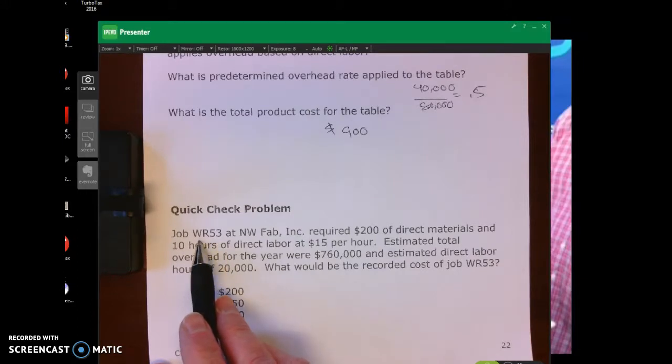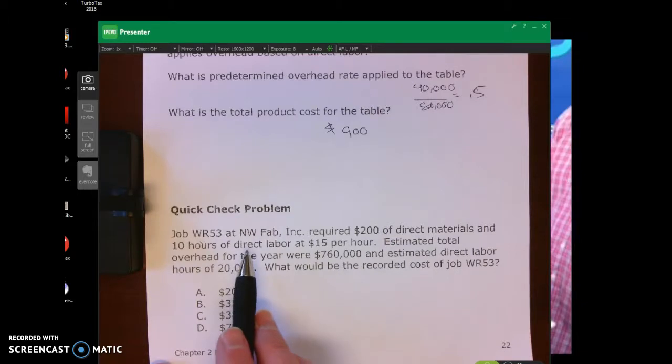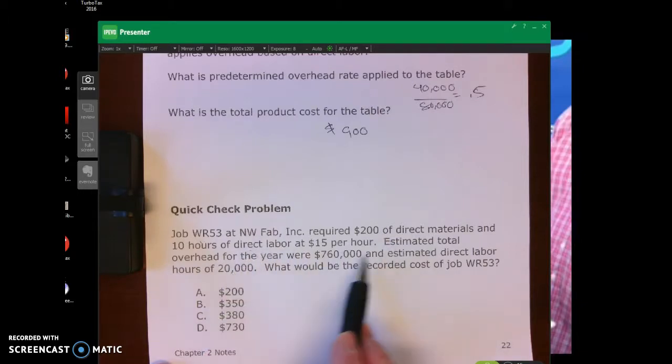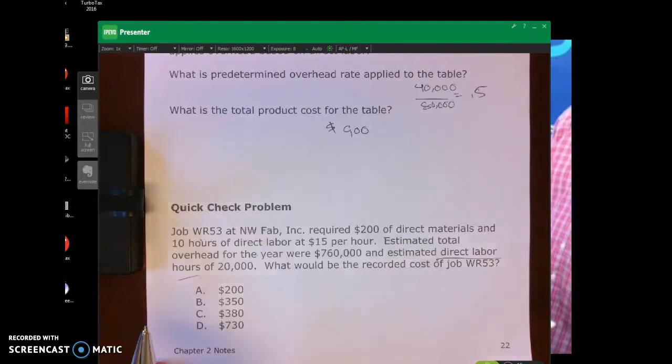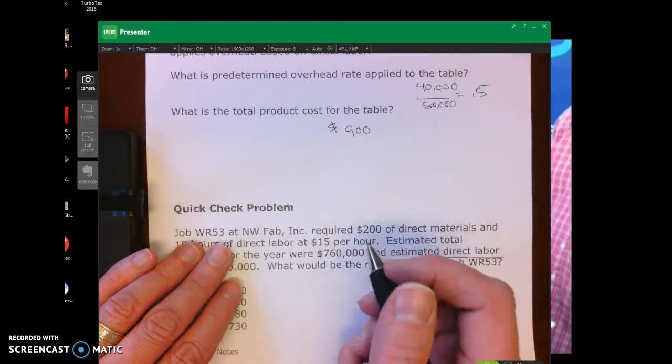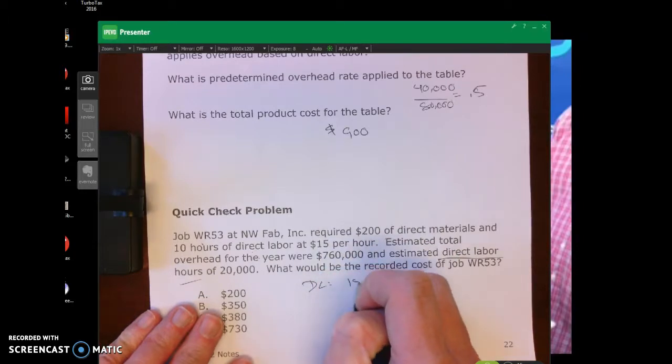Alright, well, welcome back. We have our job WR53. It requires $200 of direct materials and 10 hours of direct labor, and they apply overhead on the basis of total direct labor hours. Although it doesn't say that, hopefully you could infer that. So the first thing I have to do is come over here. I'm going to say my direct labor cost is $150.